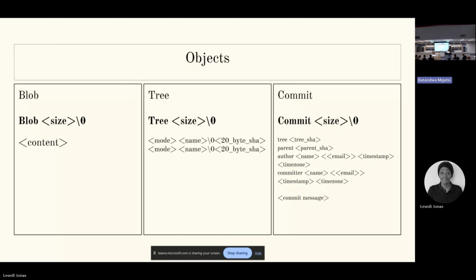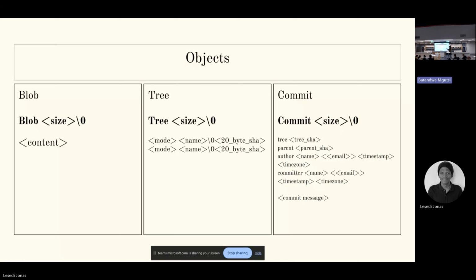A tree object is a list of all the blob objects. Think about it like this: it's all the changes or all the files that you wanna commit or save within this tree object. And then finally, we have our commit object.